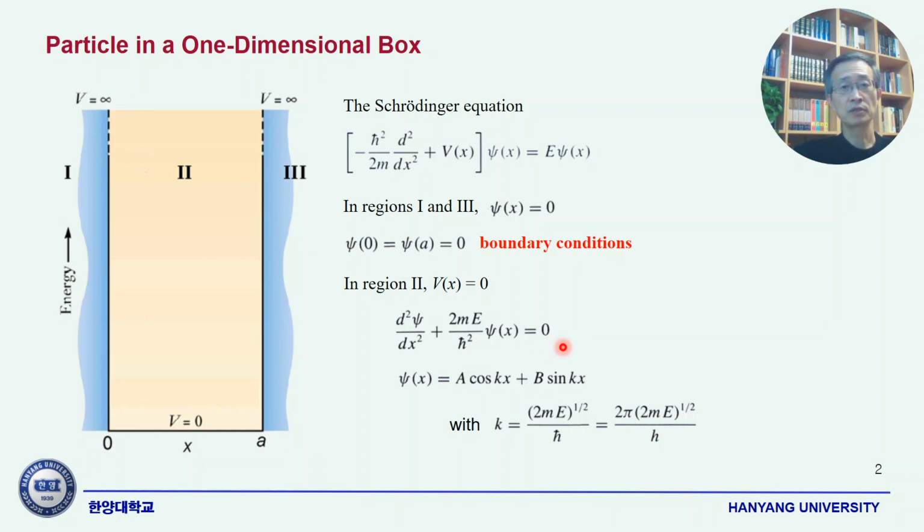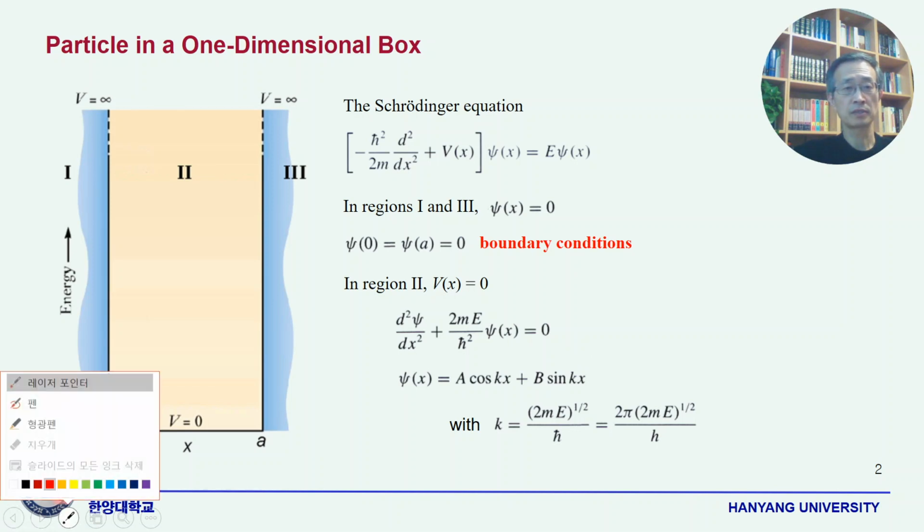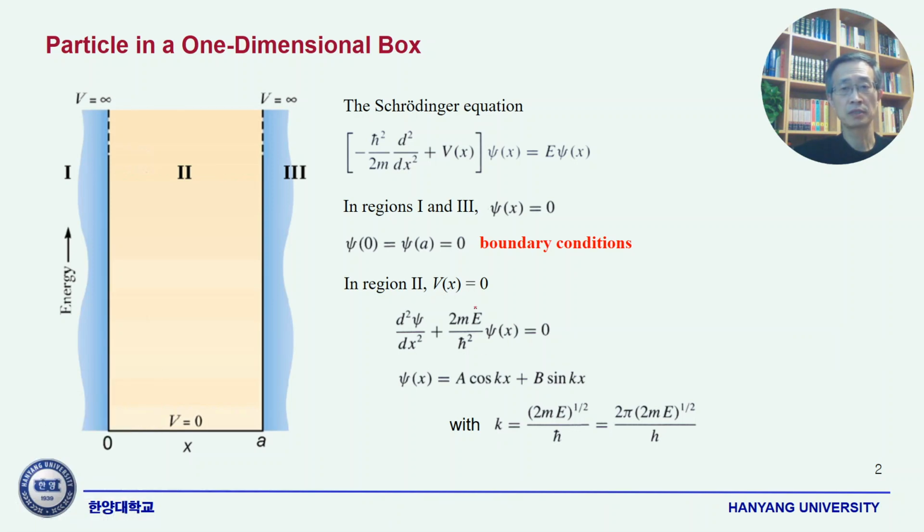This is the second order differential equation we are going to solve. It is a linear equation, so you may be familiar with it: something like d squared plus something, in this case 2mE over h bar squared, equals 0.